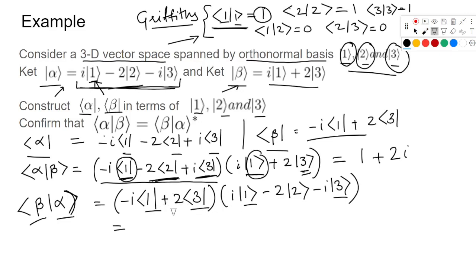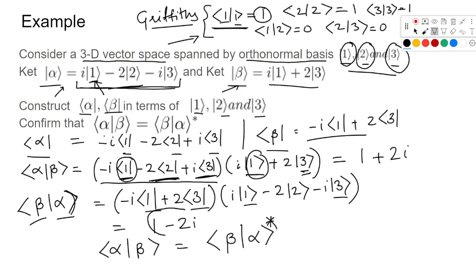So indeed we have shown here that the inner product of the bra of alpha and the ket of beta is a complex conjugate of the inner product of the bra of beta and the ket of alpha, because this guy and this guy here are complex conjugates of each other.